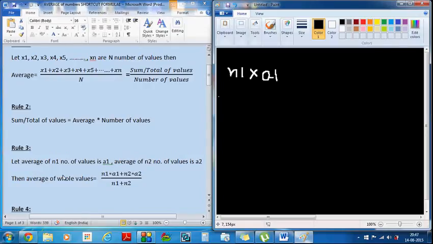Similarly, the average of n2 number of values is a2, so for n2 values, the sum of values will be n2 into a2.